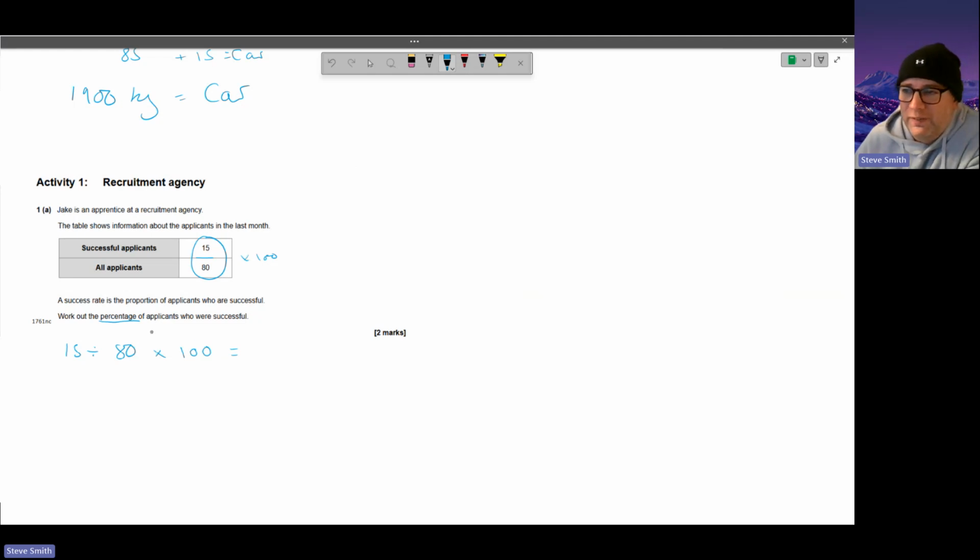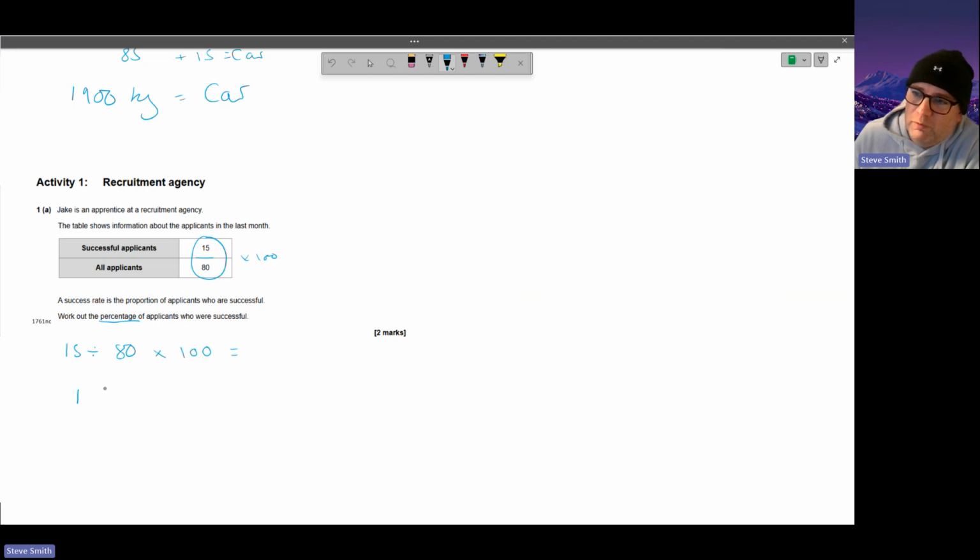If we look at this number here, we're going to times it by 100 anyway. So why can't we just times it by 100 in the first place and divide it by a different number? Let's have a look. We can go 15 divided by 80, but I'm going to times it by 100.